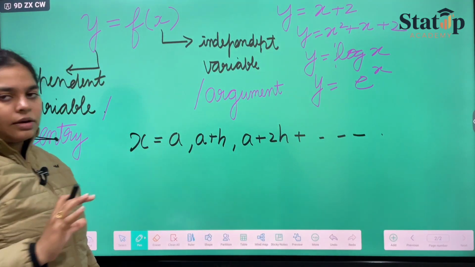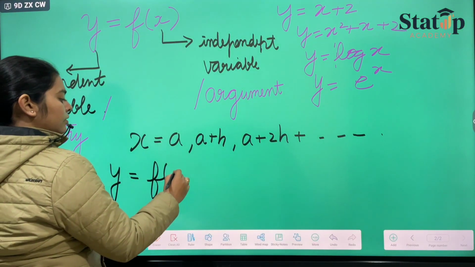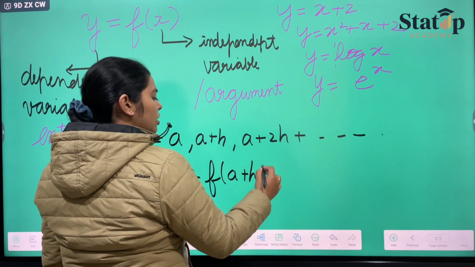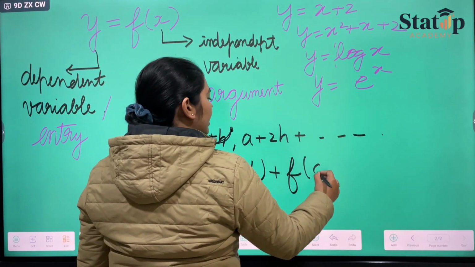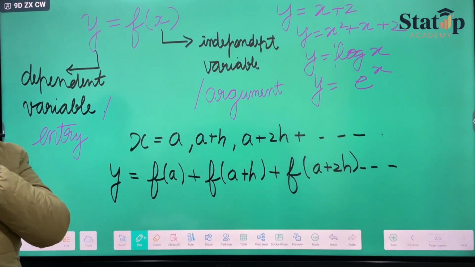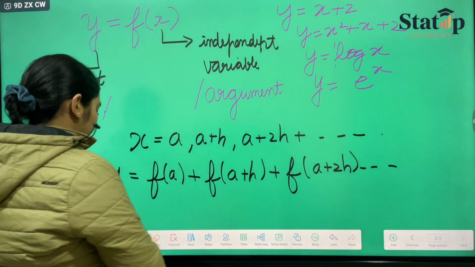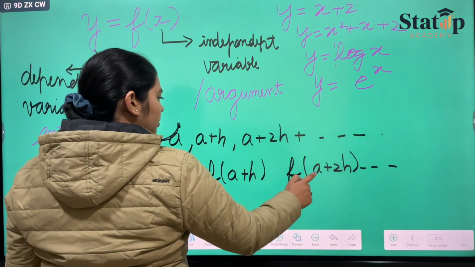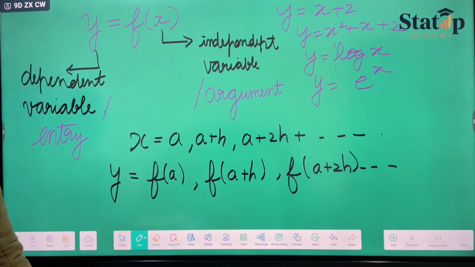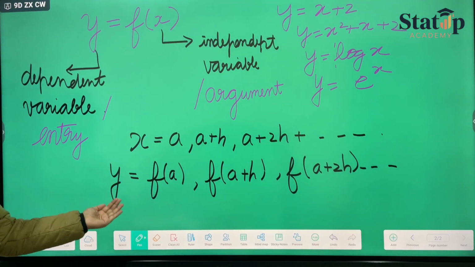So y can be written as f of a, f of a plus h, f of a plus 2h, and so on, separated by commas. So if x has value a, then y can be written as fa.